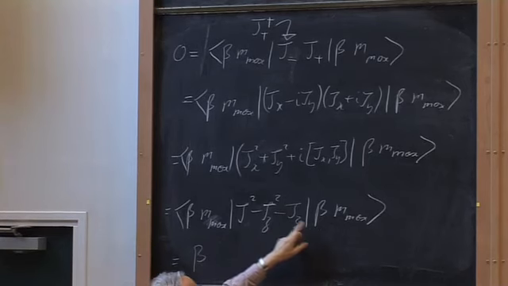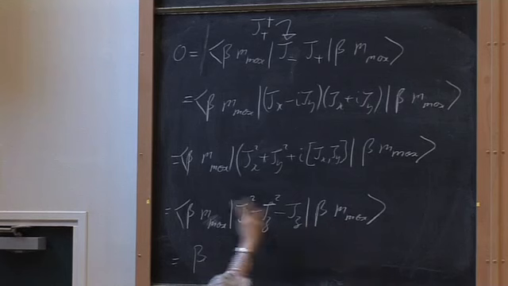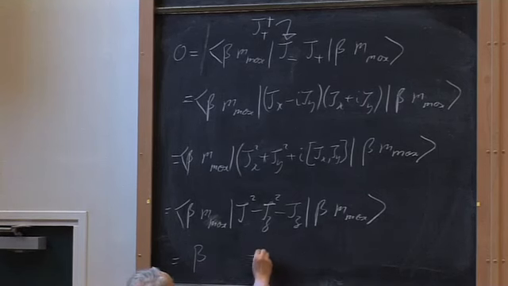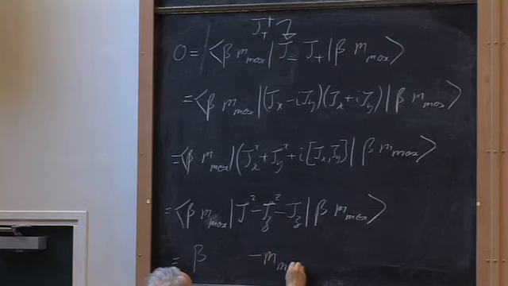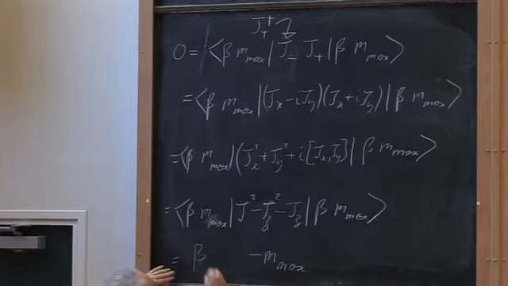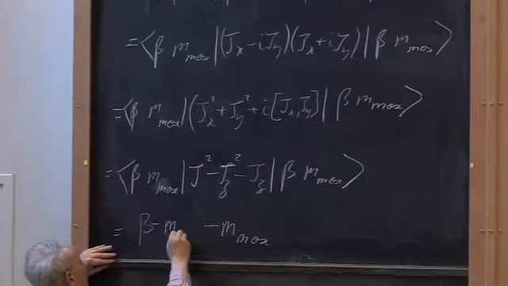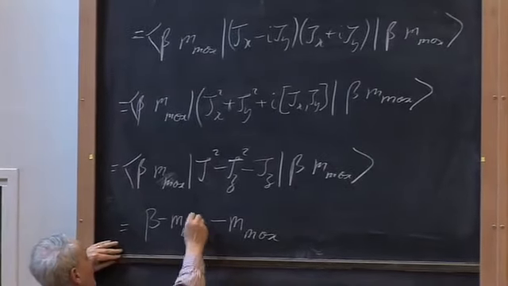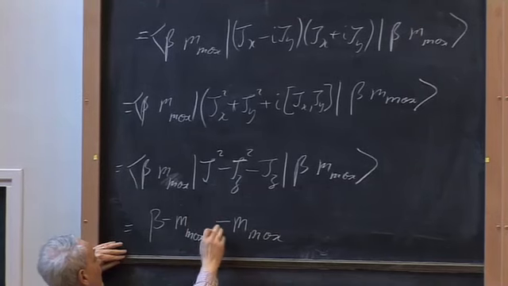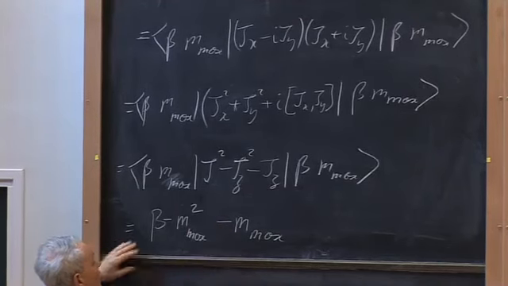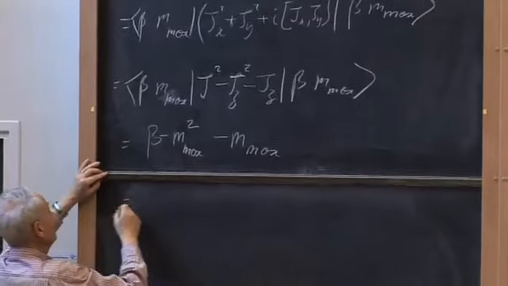This Jz will produce an M max times this thing, which will then bang into this thing and produce a 1. So I have a minus M max. And this one is going to produce M max squared, also with a minus sign. So in fact, let me write this as, oh, never mind, M max squared.